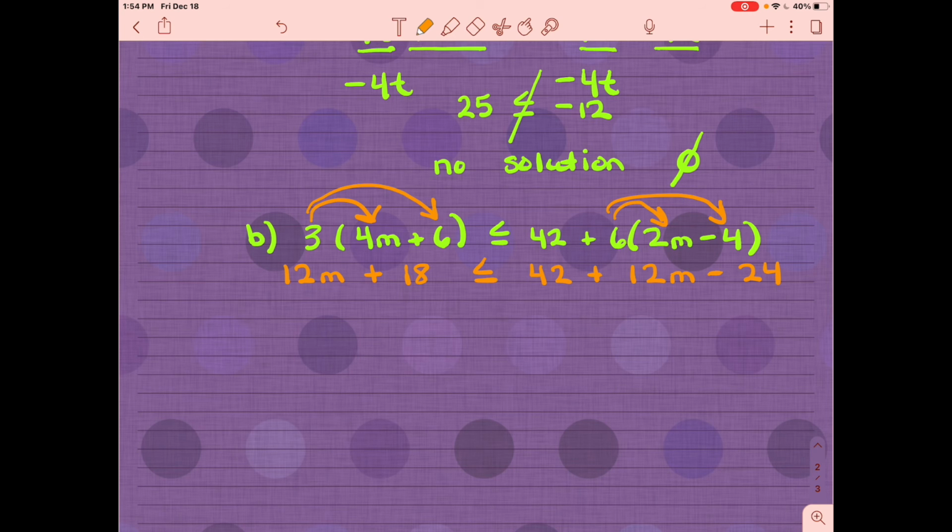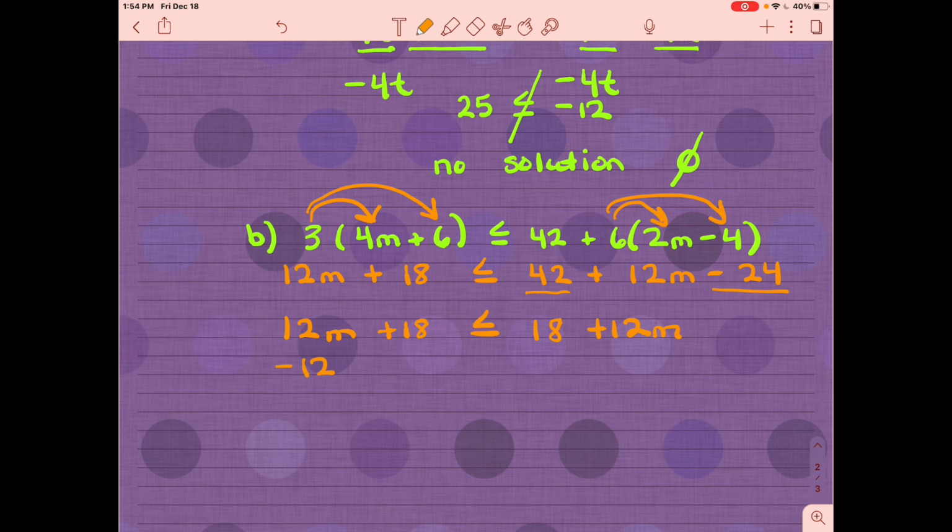Nice. I can combine my 42 and my negative 24 over here. 42 minus 24 gives me 18. Keeping my sign, 12m plus 18. Look at that. I have the same things on both sides, right?